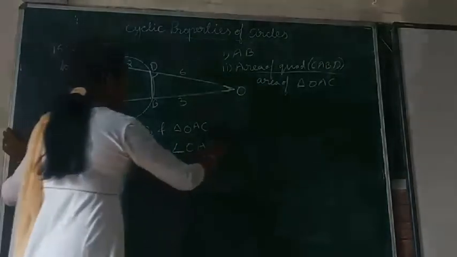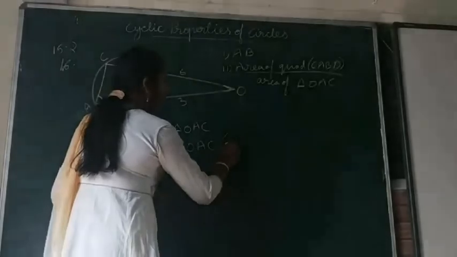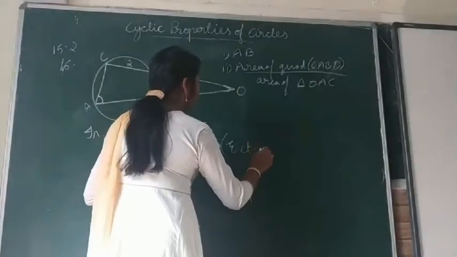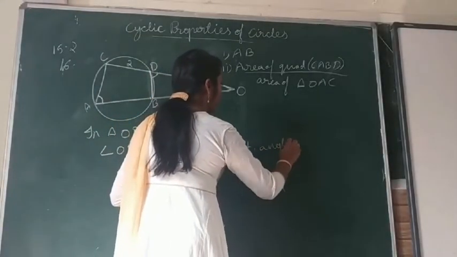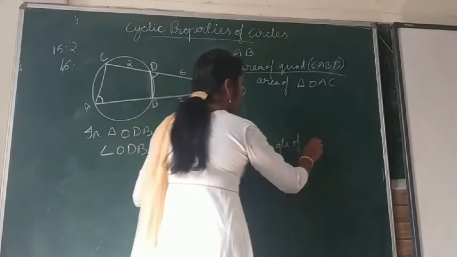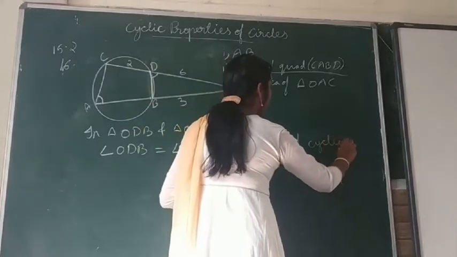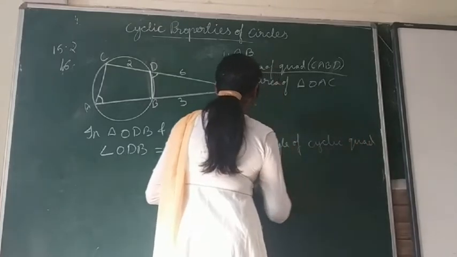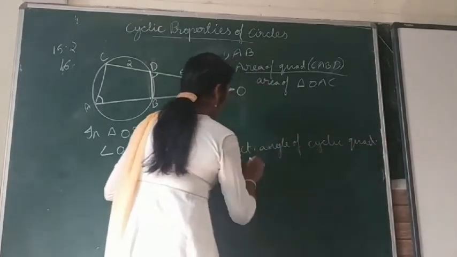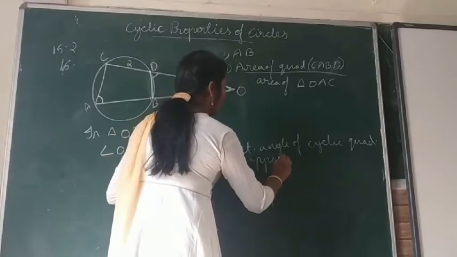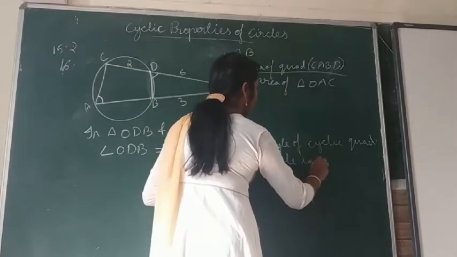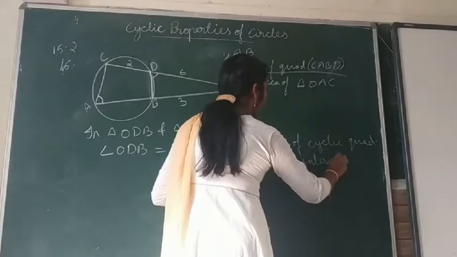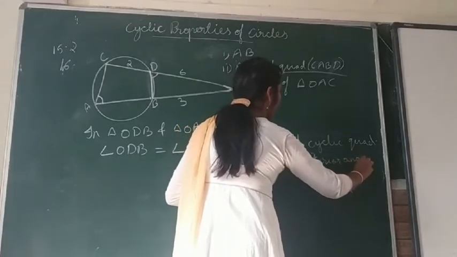The reason is the exterior angle of a cyclic quadrilateral is equal to the opposite interior angle.